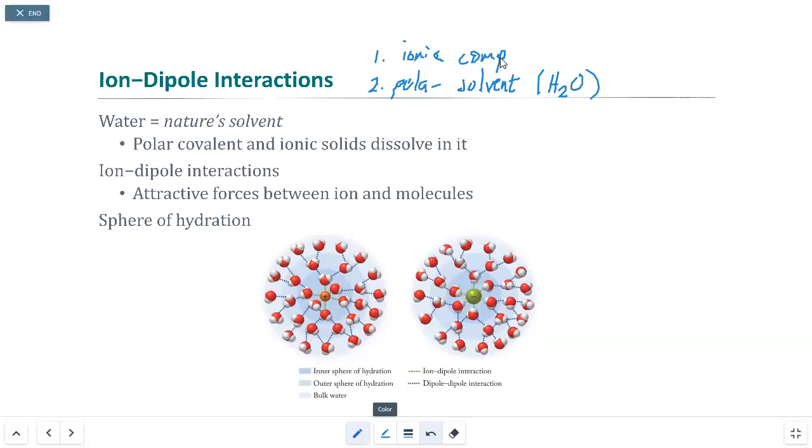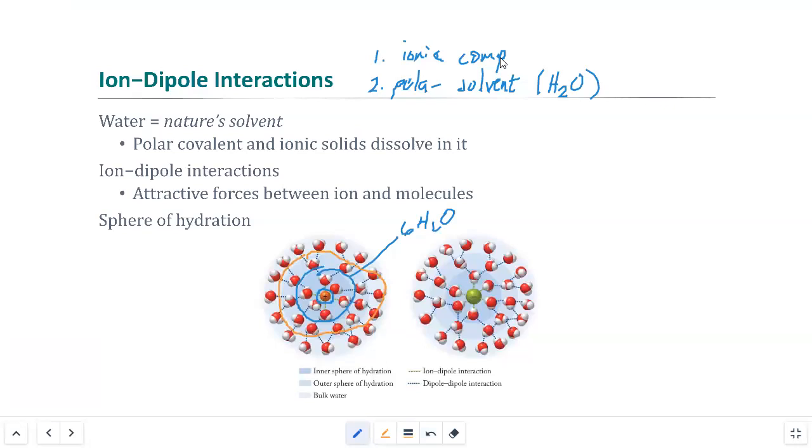We can see that this cation here is attracting 6 waters in what is called its inner sphere of hydration. And that each of those waters is attracting at least 1, if not 2 more water molecules to itself.